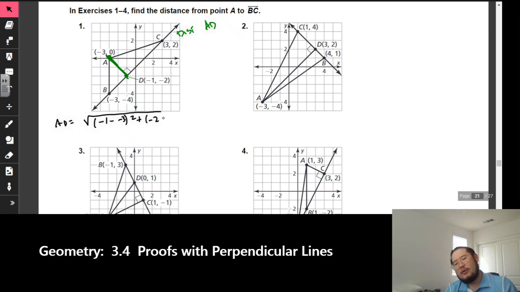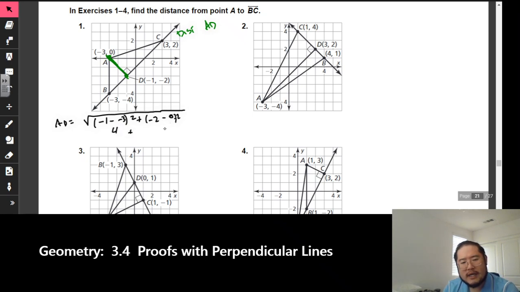So remember, our equation for distance formula, x2 minus x sub 1 quantity squared plus y2 minus y sub 1 quantity squared, and then you solve it out. So let's simplify this. I got -1 minus -3. That'll get us 2, and 2 squared is 4.